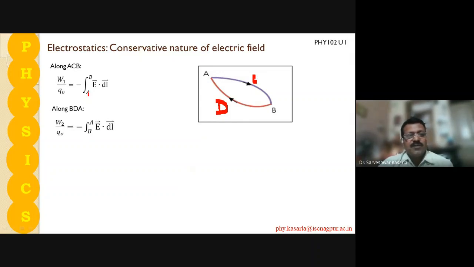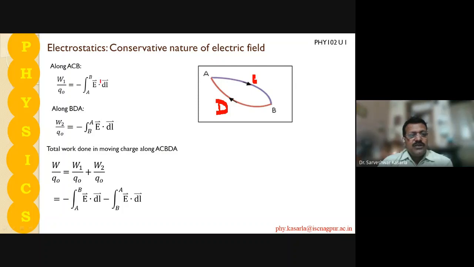Here integration is from A to B and here it is from B to A. But here the work done may be different, therefore we denote it by W2. Let us see what happens. The total work done in moving the charge along ACBDA is the addition of these two terms: W upon Q0 is equal to W1 upon Q0 plus W2 upon Q0.